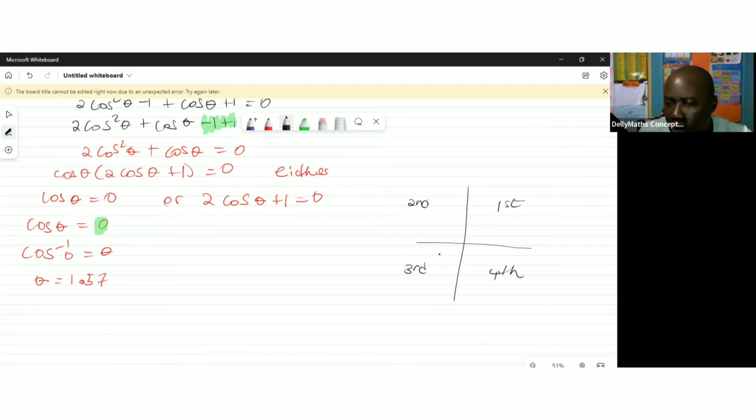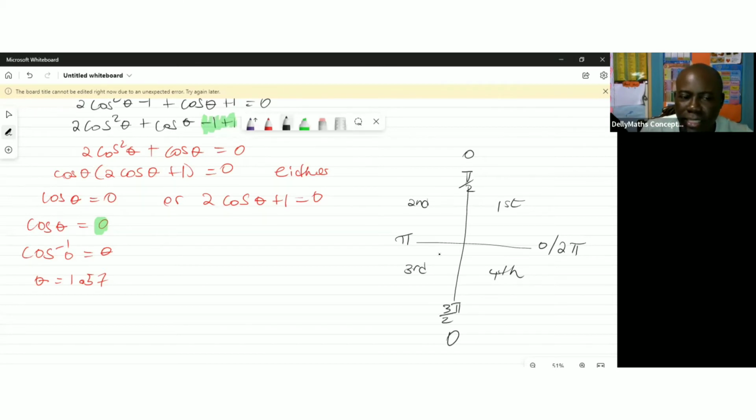We have 0 here, pi over 2 here, pi there, 3 pi over 2, and then by the time we reach here, we go back to 2 pi. We're suggesting that cos is 0 here, and it's going to be 0 here. So it's not in a quadrant. It is actually at these places.